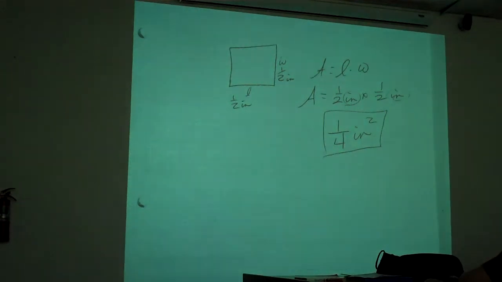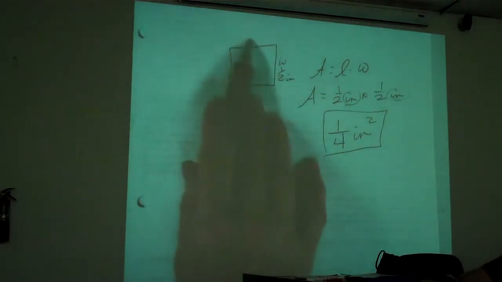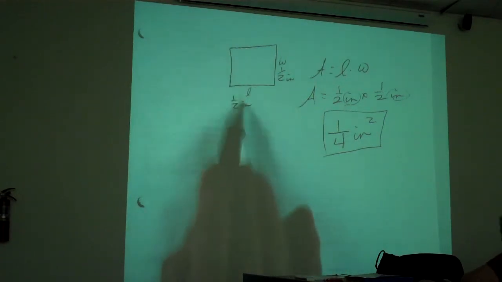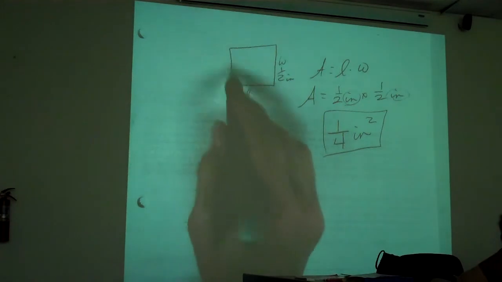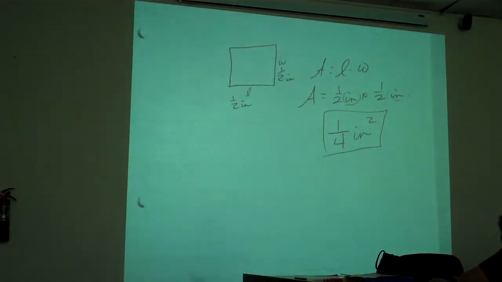If it's a square, it's going to be the same over here and the same up there. If you were doing perimeter, you would add all the outsides. If you're doing area, you multiply.